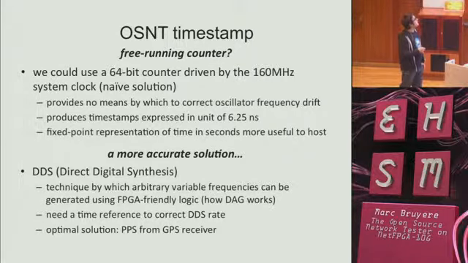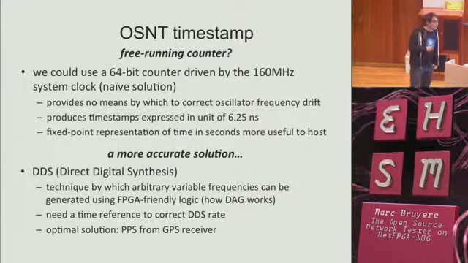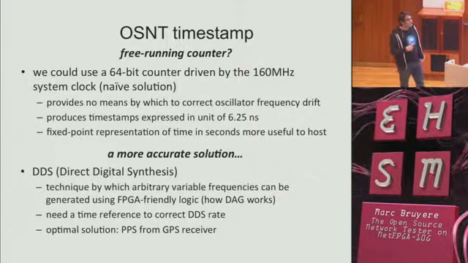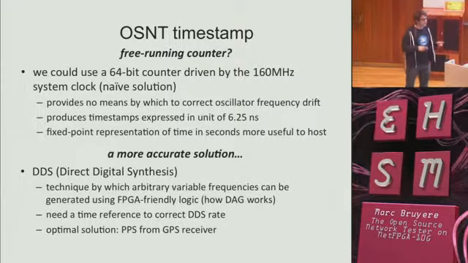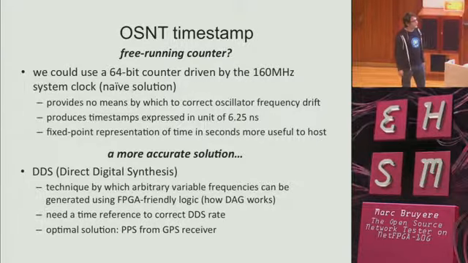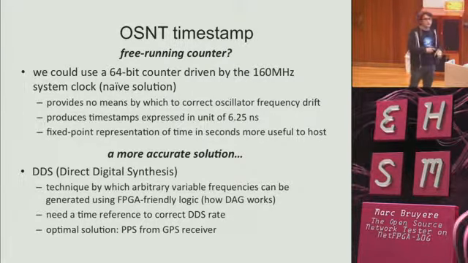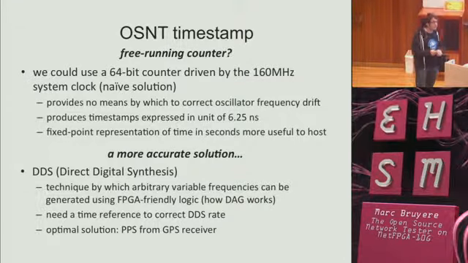We did some measurements on the NetFPGA a while back, and we saw that the drift we have on that clock was a little bit worse than a normal watch. That's why we implemented DDS.